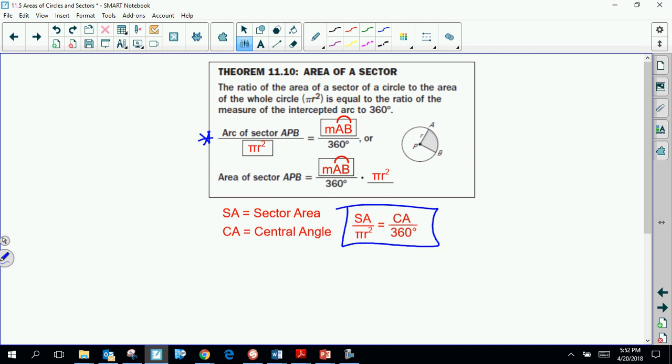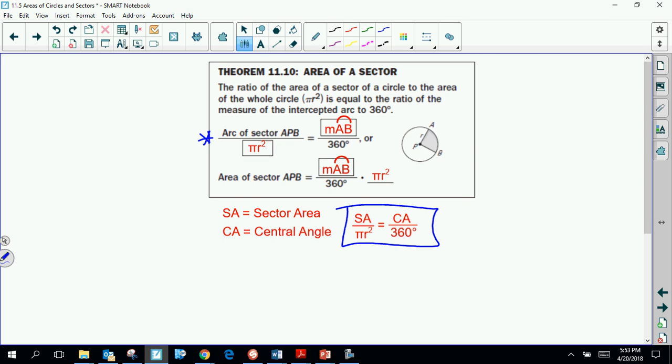Now, if you've seen the video lesson over arc length and how we find the length of an arc when we know the circumference of a circle, you've seen me use a proportion similar to this. So this is the way that I am always going to work out the problems whenever I have to do it or demonstrate how to do it, simply because the proportion is a versatile tool.